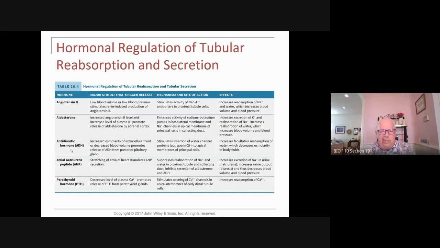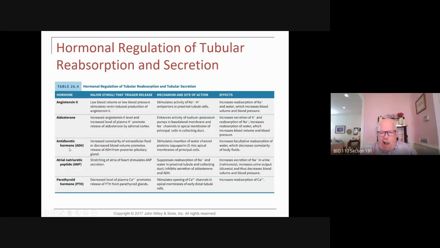The increase in osmolarity of the extracellular fluid or a decreased blood volume produces the release of ADH from the posterior pituitary, increases the reabsorption of water, and decreases osmolarity of your body fluids. ADH.